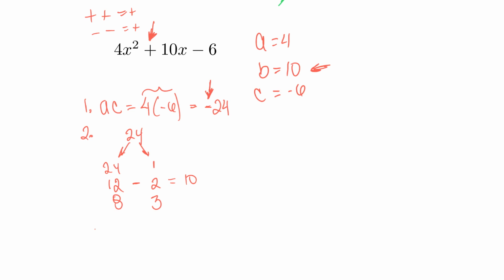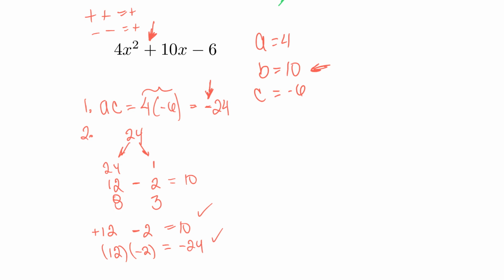So we have positive 12 and negative 2. That will give me positive 10. And then if we multiply 12 times negative 2, that will give me minus 24. So check and check. Once we have these two numbers, then we proceed to reorganize the original polynomial here.